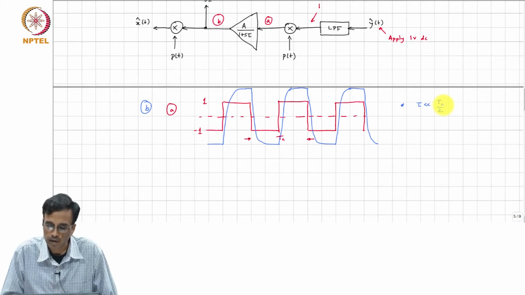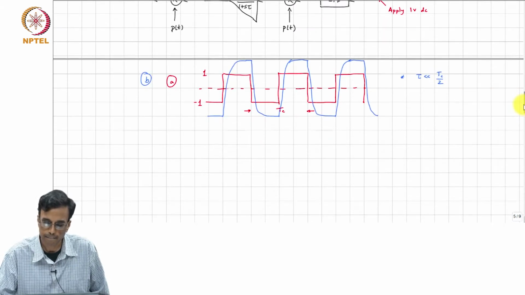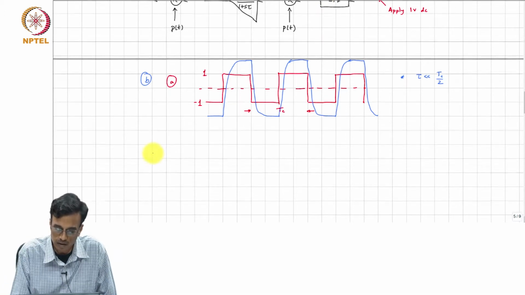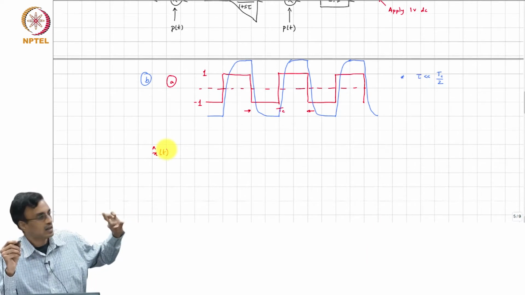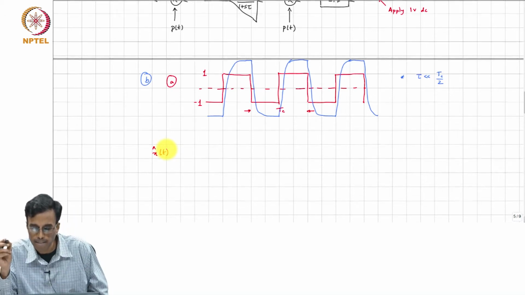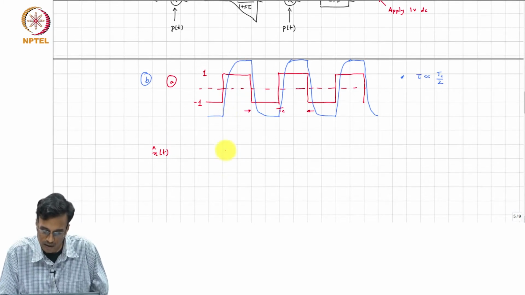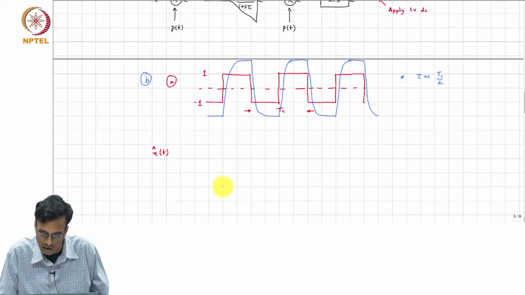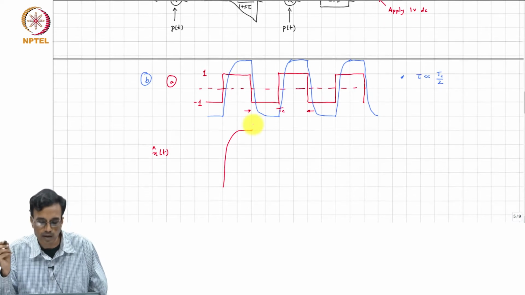Okay. Now, what comment can we make about x hat of t? The signal at x hat of t. The blue signal here is going to be multiplied by P of t, the red signal here, right. So, what will happen? Only positive will come. So, basically you will see something like that, right.